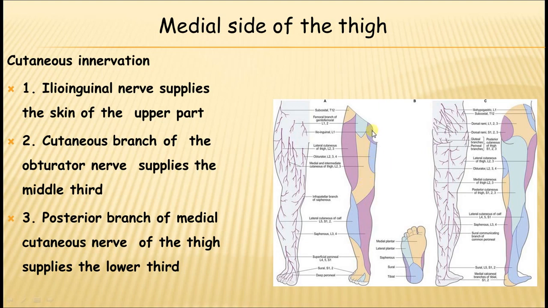So mainly the ilioinguinal nerve, the middle third is by the anterior division of the obturator nerve, and the lower part is by the posterior branch of the medial cutaneous nerve of the thigh. And a little more down, it is going to be the saphenous nerve. That is about the cutaneous innervation of the thigh.